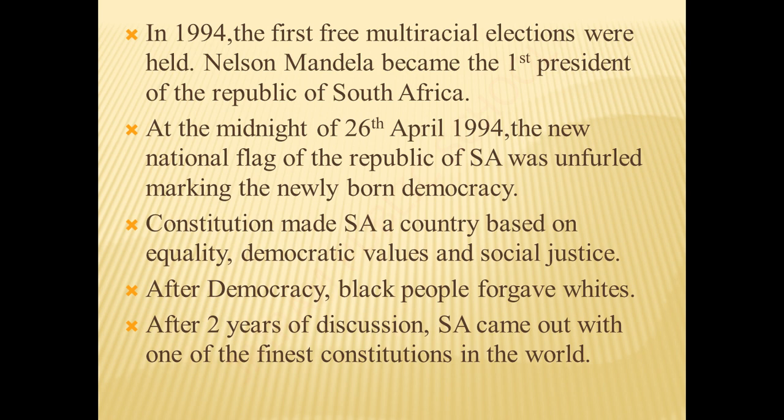The final constitution came into effect from the year 1997 after 2 years of deep discussions and debates. The South African constitution is said to be one of the finest constitutions laid down in the world.